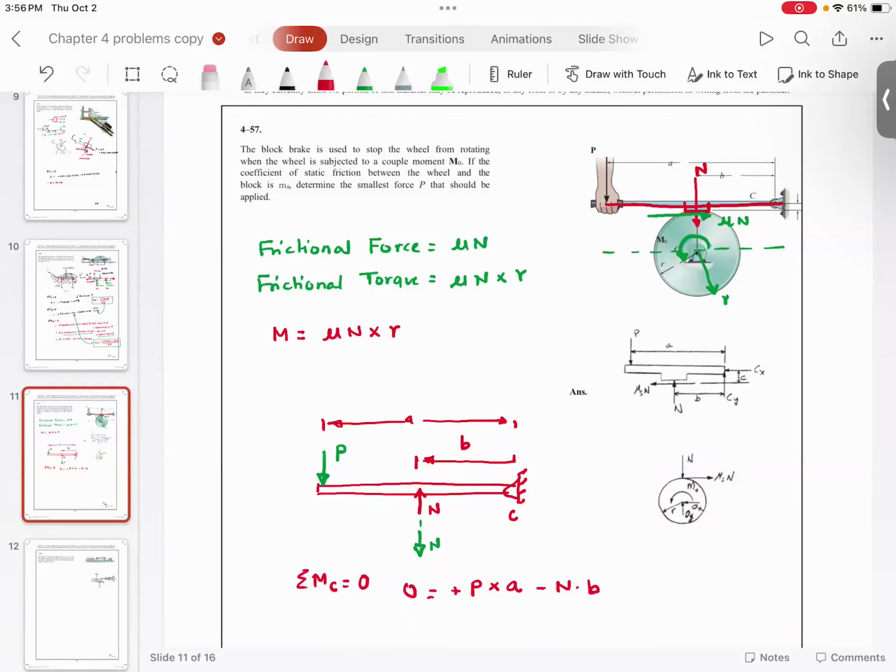That's why you have these large agricultural tractor wheels. They go through muddy or maybe loose soil, where a small wheel may not be able to go, because the frictional torque is mu times N times R, R is greater, mu is constant, N is the weight of the tractor. So that is how you get more traction.